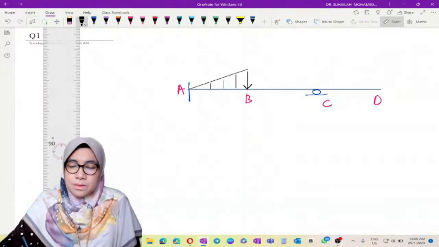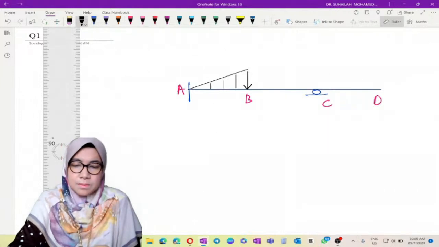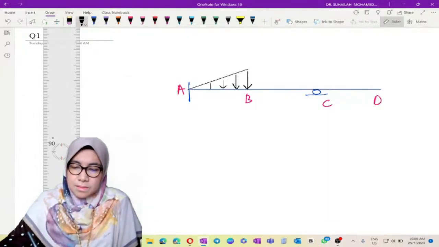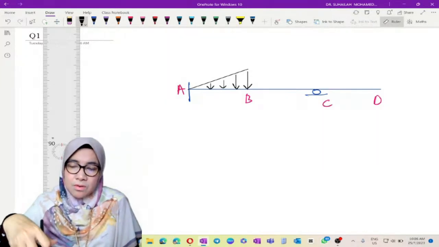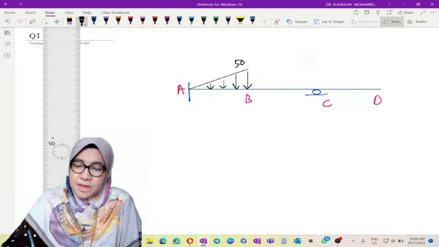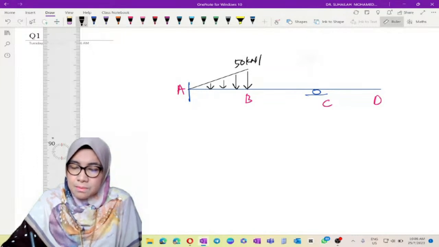Let's say the value of this triangular load is 50 kilonewton per meter.